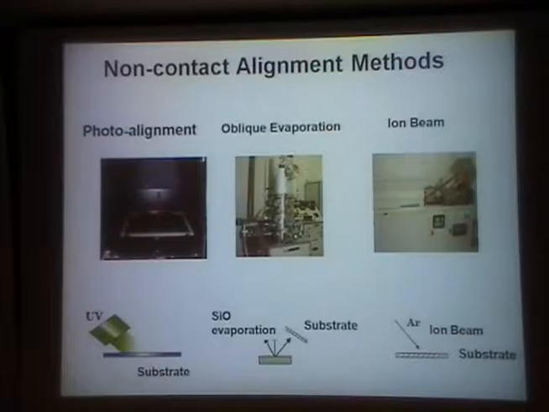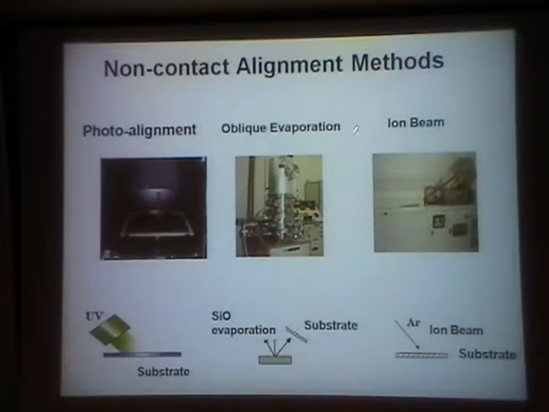Rubbing process is a contact processing, which creates a lot of problems, but photo alignment is just irradiating the surface with a particular polarization and then generating the surface alignment. And there are several others.